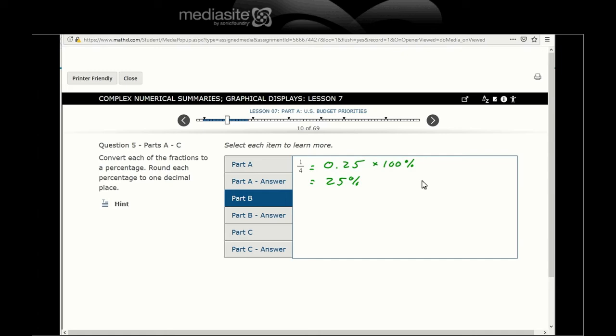The other way, go back to the very beginning, since 4 is a nice number: multiply both top number and bottom number by 25, and we get 25% also.